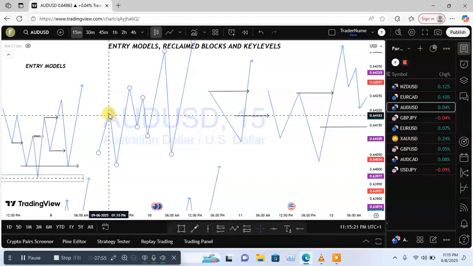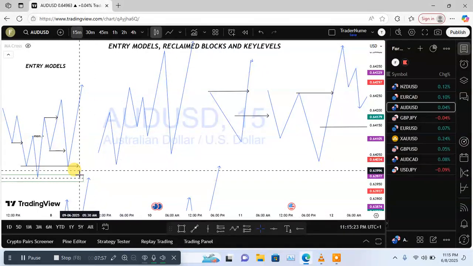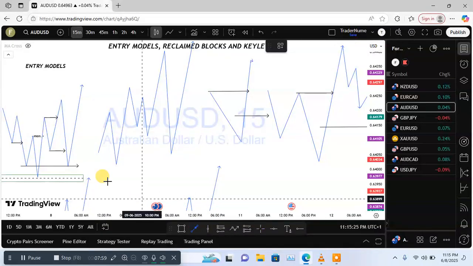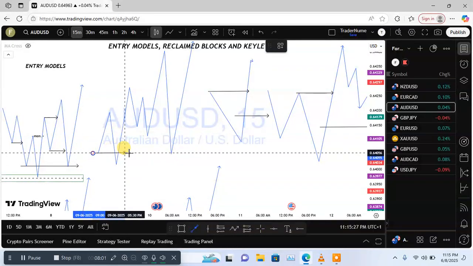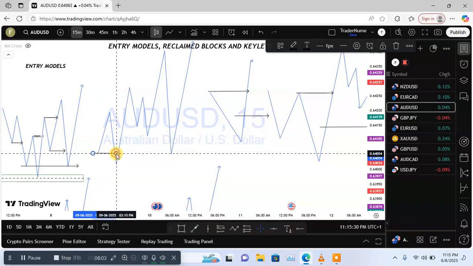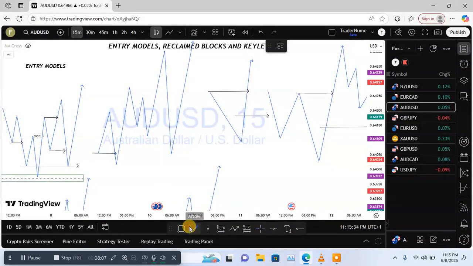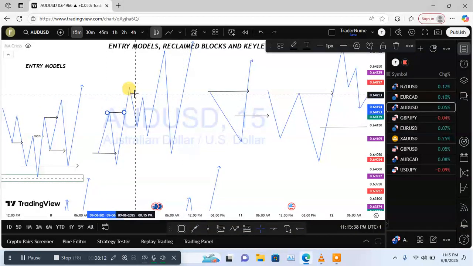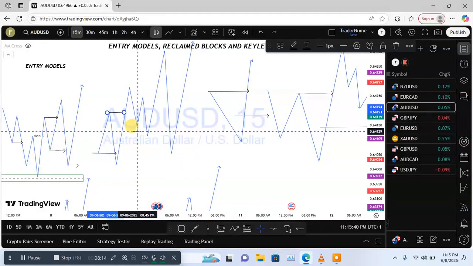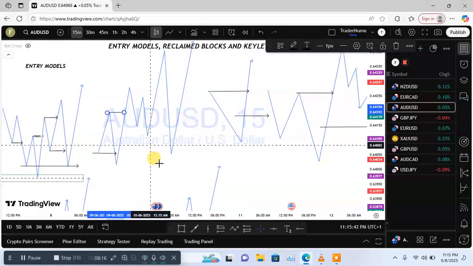This one, price was coming down, gave a sweep, right, at our discount zone. Then price gave a manipulation after the sweep. Then price did as if it was coming down, went up again, then gave another sweep.